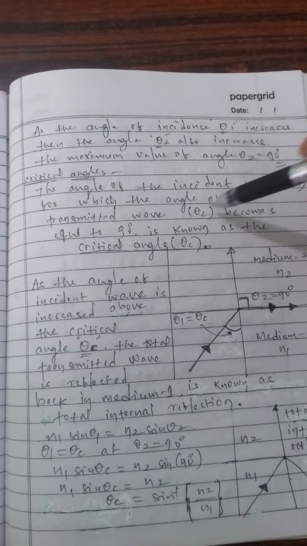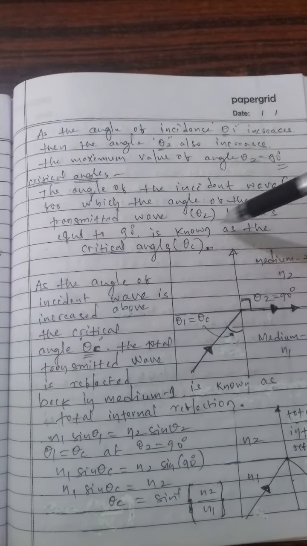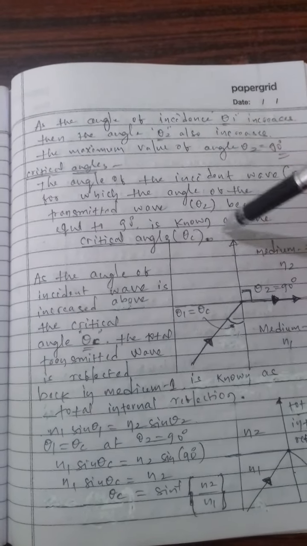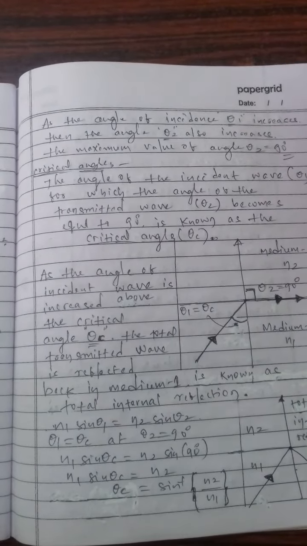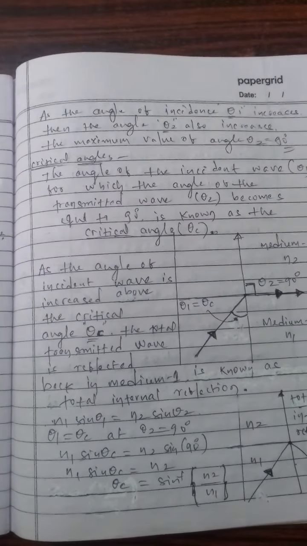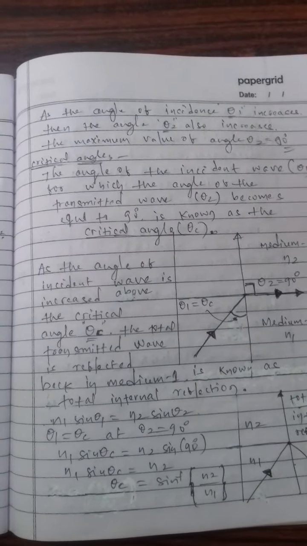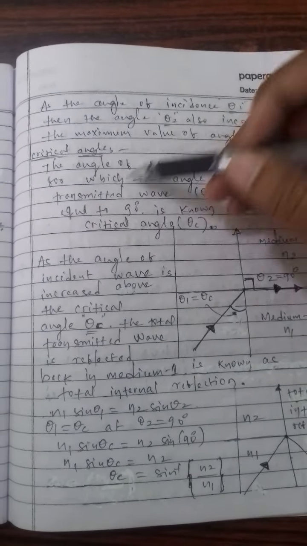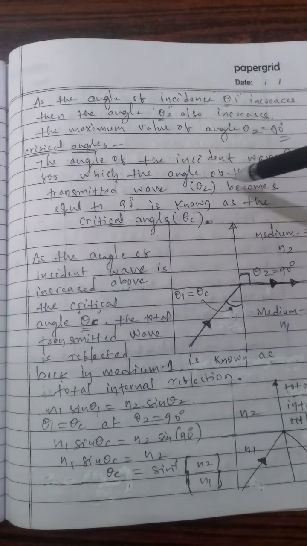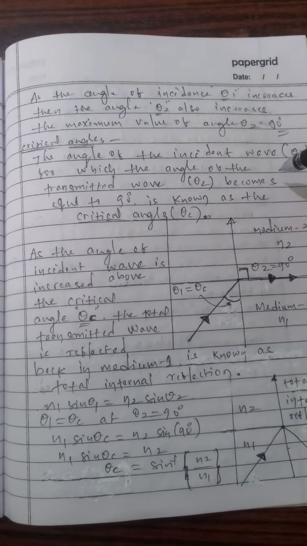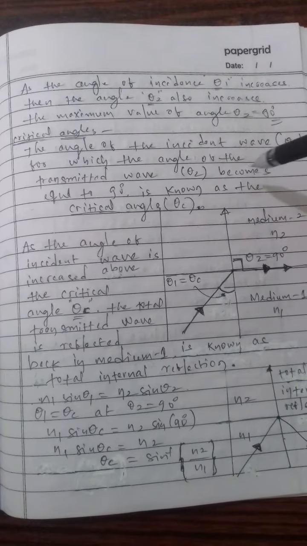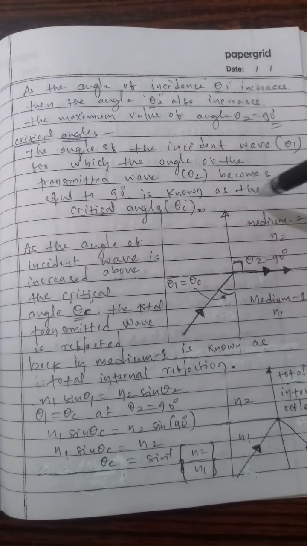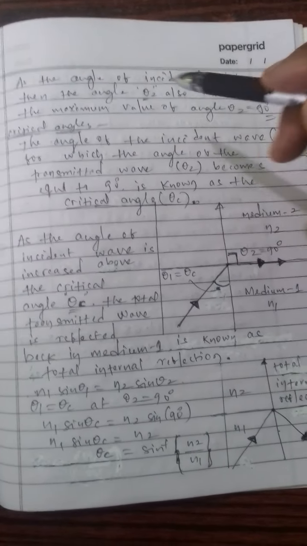Critical angle: the angle of the incident wave theta 1 for which the angle of the transmitted wave theta 2 becomes equal to 90 degrees is known as the critical angle theta c.